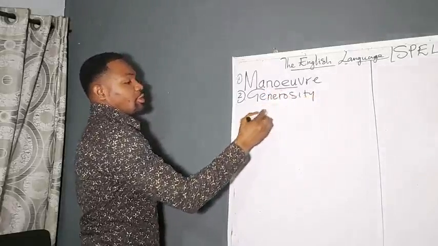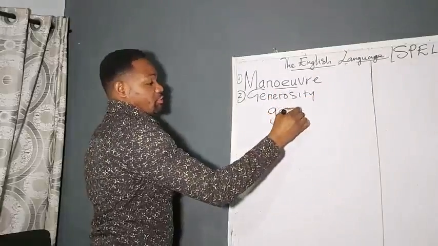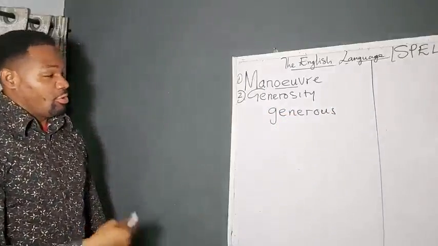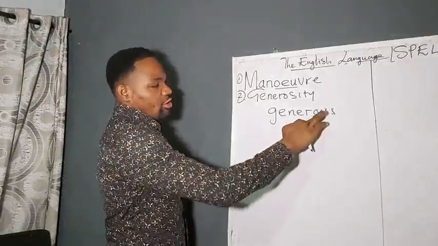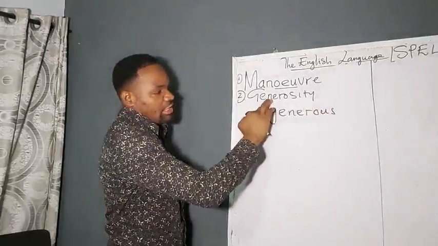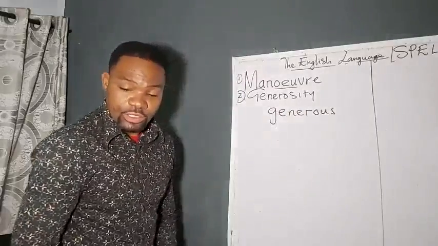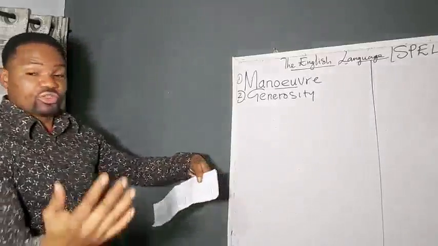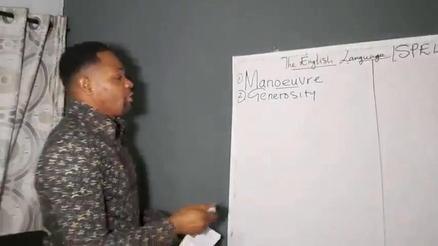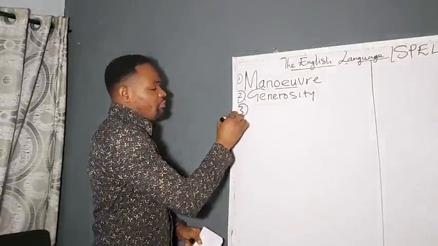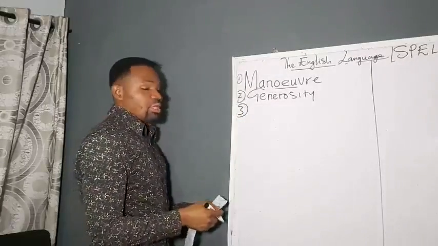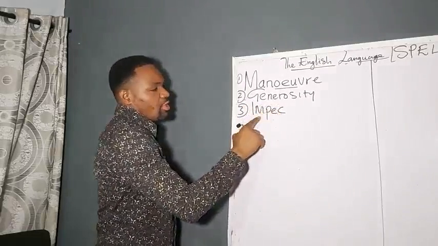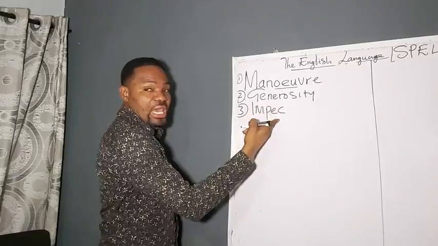Please note, the word itself is generous. But when you want to spell generosity, at least you need to omit the U in it, so it goes this way. Just note all this, because whenever some other letters are included, you won't have the O. So the next word is impeccable.